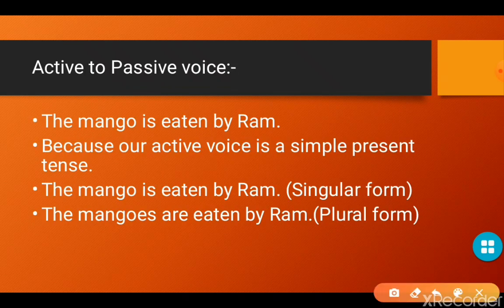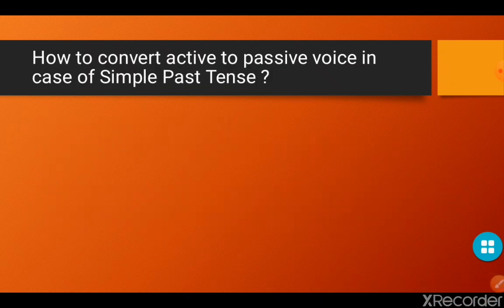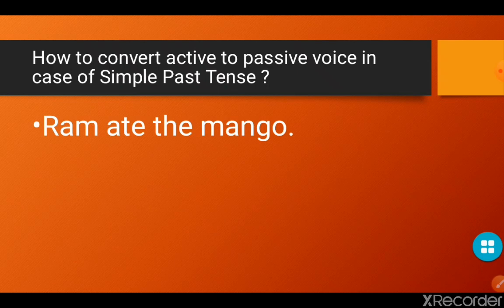Okay. Another sentence we see. We go to simple past tense. Likewise simple present. And once again I am writing that Ram ate the mango. So we have already identified the subject, the object, and the main verb. So tell me what may be the passive voice?